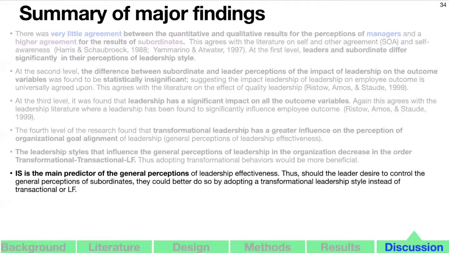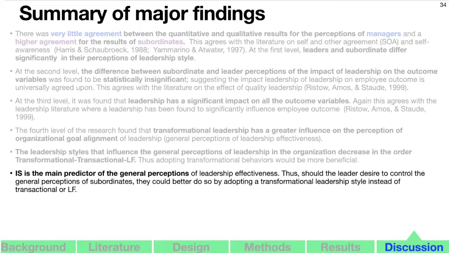Intellectual stimulation was the main predictor of general perceptions, which also tells us that in these kinds of organizations, if the leaders use intellectual stimulation, they can easily change the perceptions of their followers in the organization in all aspects.